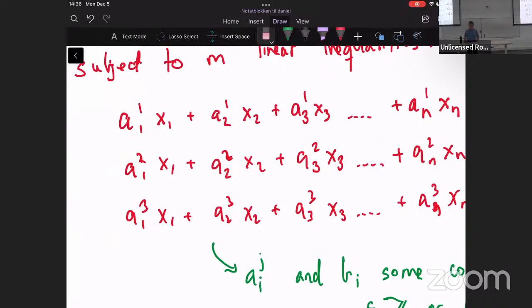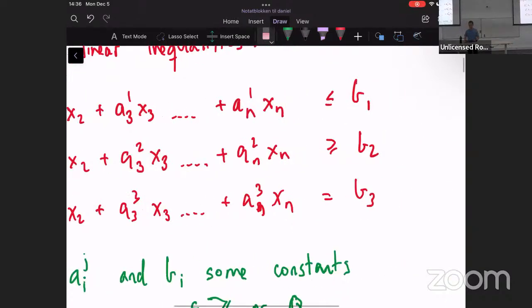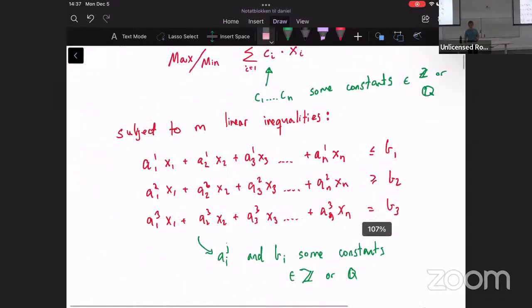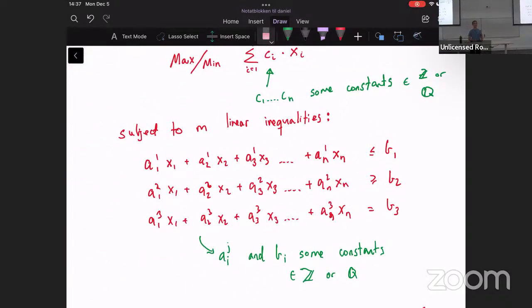So I give you as input all of the aij's and the bi's, and whether you have inequality in one direction, the other direction, or equality. And now your task is, please set the xi's such that all of the inequalities are satisfied, and subject to all of the inequalities being satisfied, that the objective function is either maximized or minimized. So that's known as an ILP.